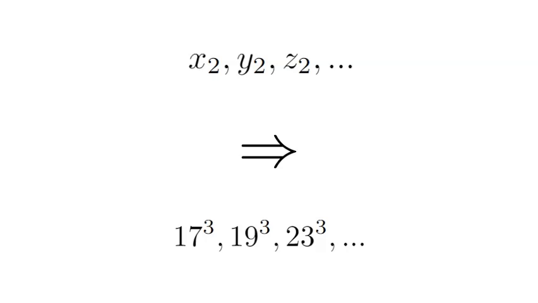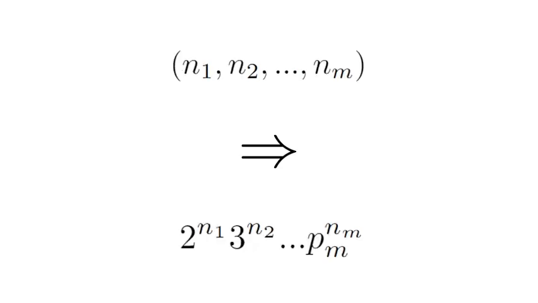Next, he assigned numbers to sequences of natural numbers. He did it in the following manner. Let's take a sequence of natural numbers. Consider a prime factorization such that the coefficient of the nth prime is the nth element of the sequence.